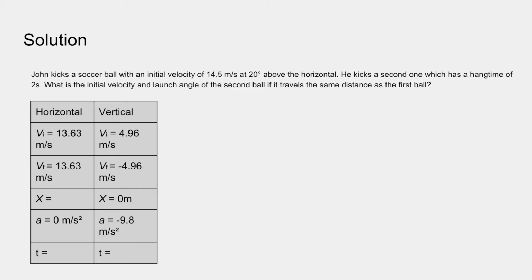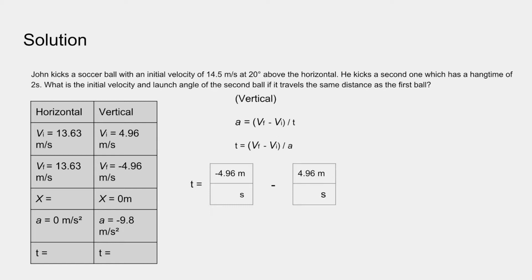So in order to solve for time here, we're going to need the acceleration equation, which is the final velocity minus the initial velocity all over time. We're going to solve for time, so we make that the final velocity minus the initial velocity over acceleration. So time equals the final velocity, which is negative 4.96 meters per second, minus the initial velocity, which is 4.96 meters per second.